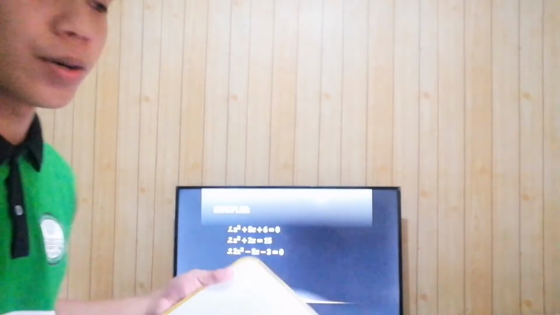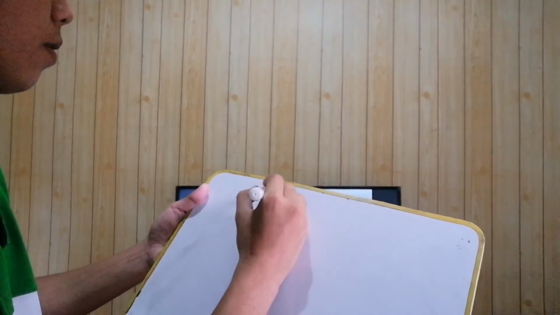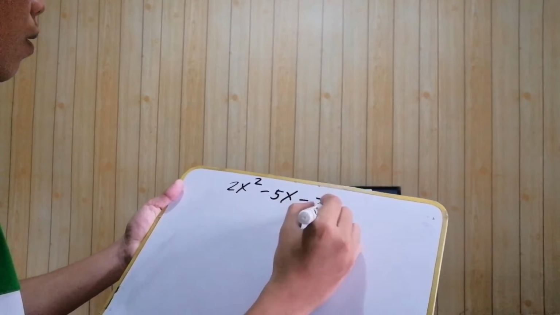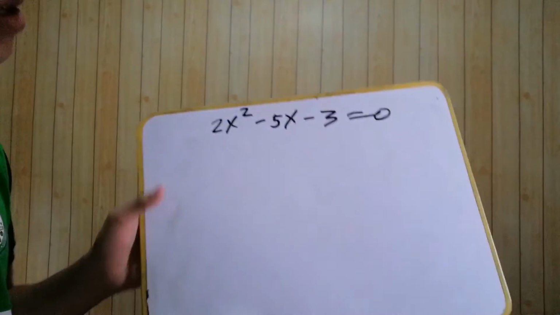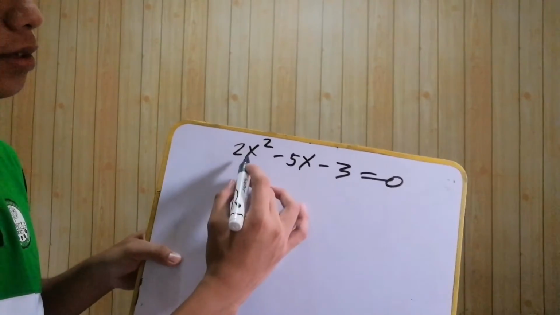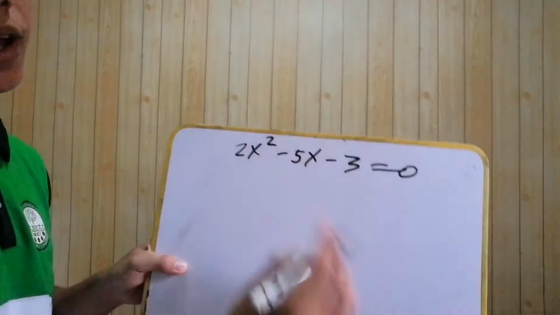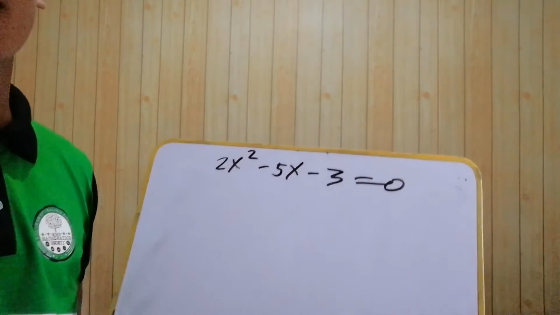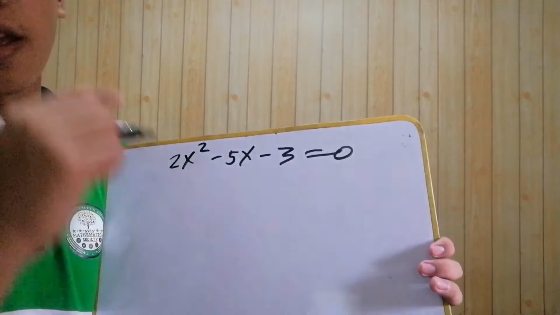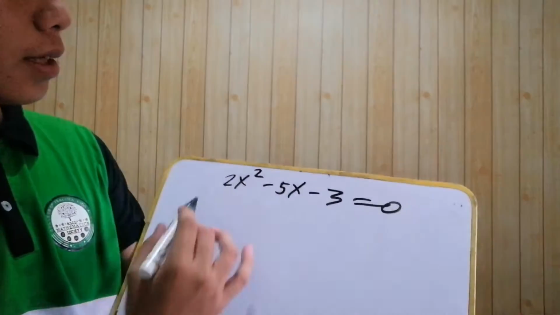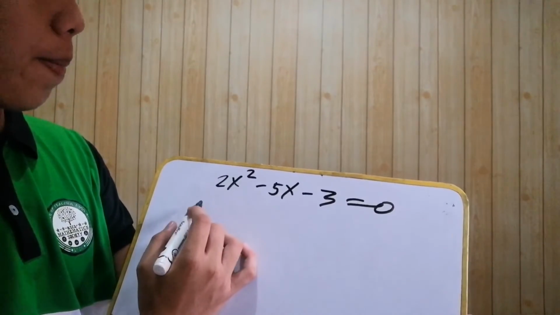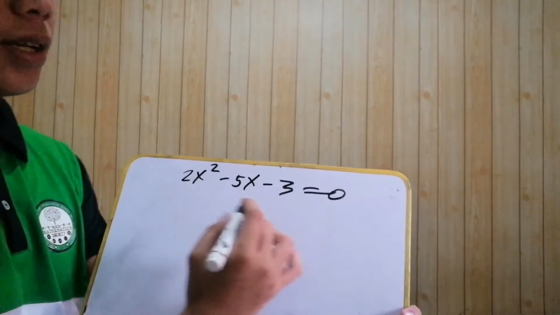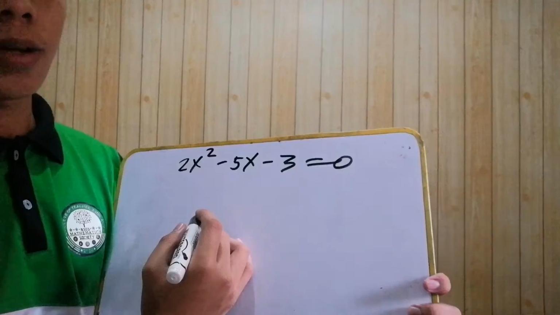How about pag some another example? How about kung ganito yung given? May value ang A natin which is 2. So sabi ko kanina, just use trial and error method. So since naka-standard form naman siya, gamitin natin yung trial and error hanggang sa makuha natin yung factors.